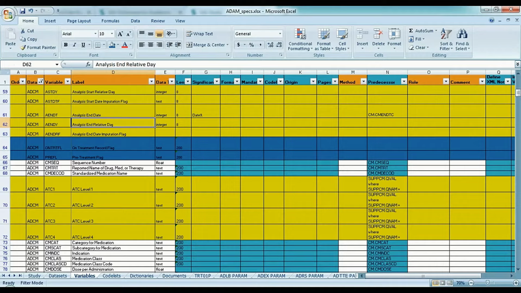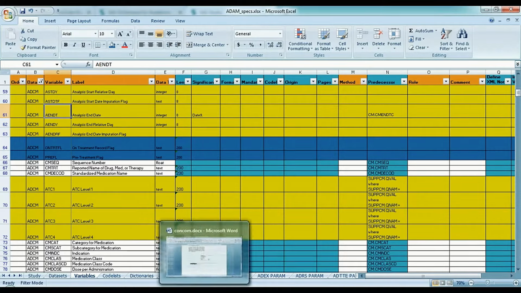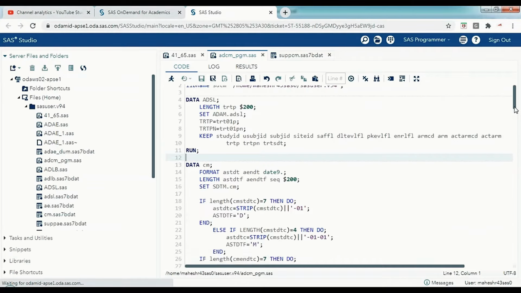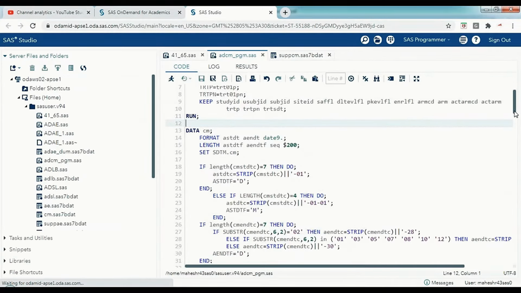In CM also we have the ASTDT and AENDT derivations. We just have to impute those. Whenever we have a CM partial date, we impute those variables by the imputation rule. If the imputation rule is not mentioned in the SAP, you can confirm first whether they want to use a general rule.